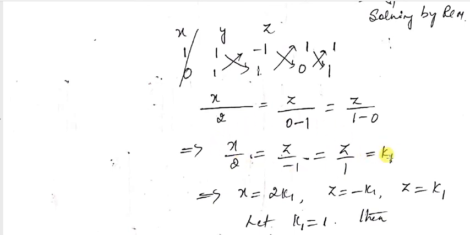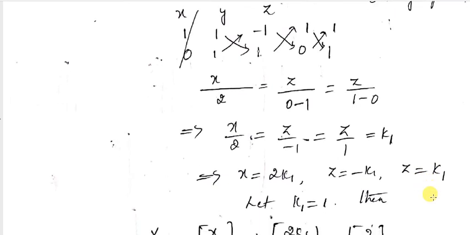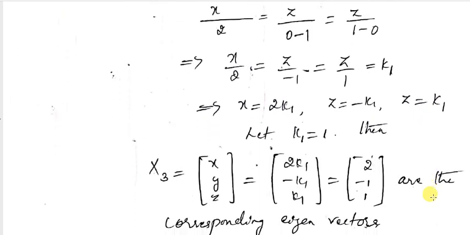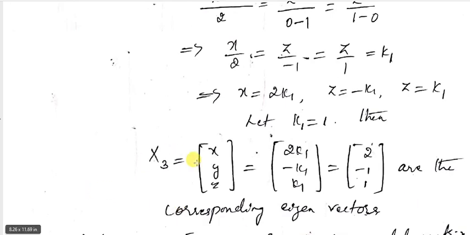So let us equate these ratios to a common constant, say k1, which gives x is equal to 2k1, y is equal to minus k1 and z is equal to k1. So let us choose k1 to be 1, then the corresponding eigenvector x3 is equal to (2, minus 1, 1).